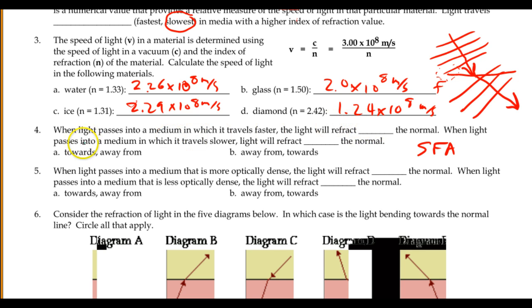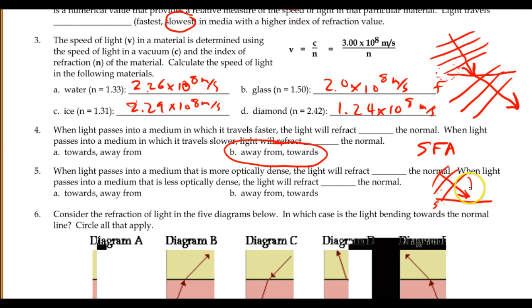So it's going to be away when you go into a material where it travels faster, and then towards when you go into a material where it travels slower. So if we travel slower, then what you're going to find is angle coming in, ray there, there's the wavefront. Now this part again is going to hit the new material first, but it's going to cause it to slow down.